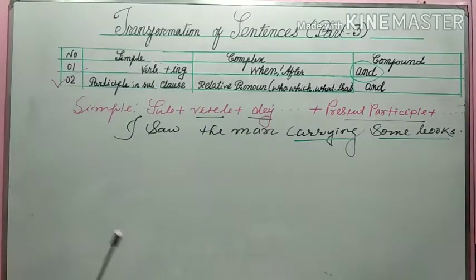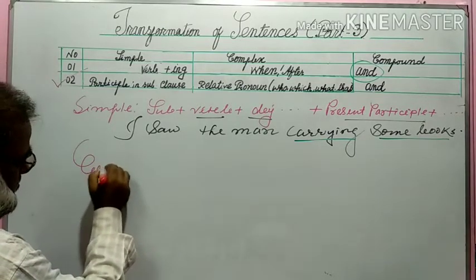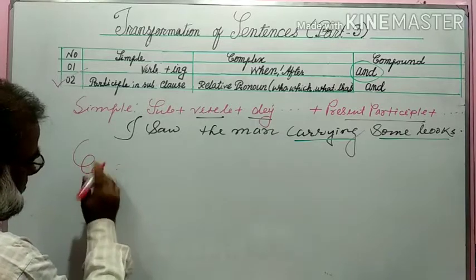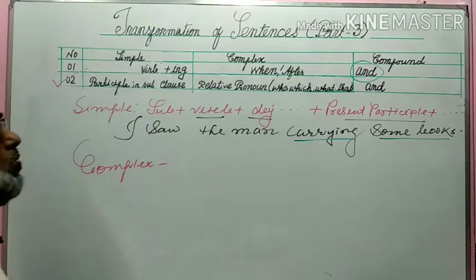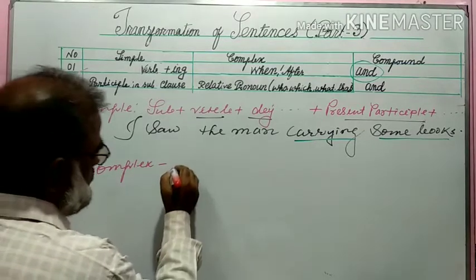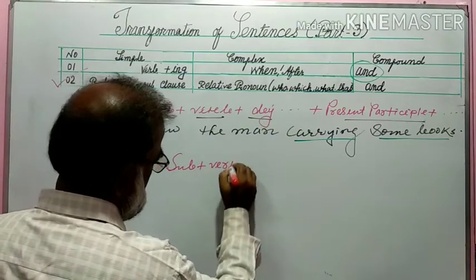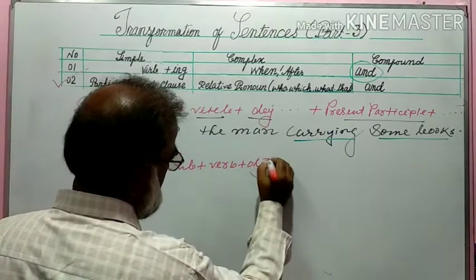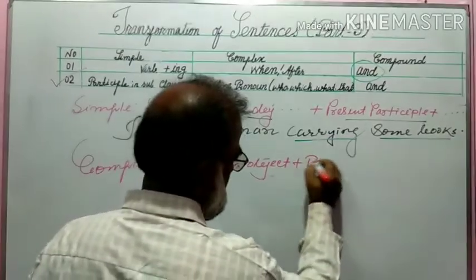extension of the sentence. In complex, the structure will be relative pronoun in the subordinate clause: subject plus verb plus object plus relative pronoun.